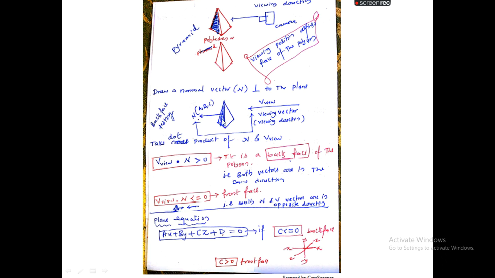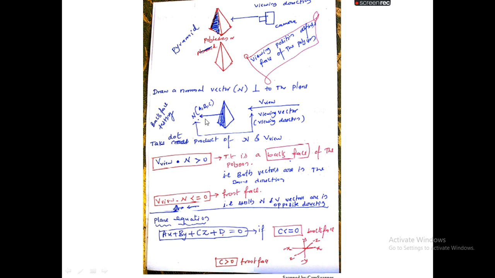For this pyramid, I want to check whether this surface is a front face or a back face. To make this decision, I will draw one normal vector N perpendicular to this particular surface. After drawing the normal vector N perpendicular to this surface, we will get one vector called N.